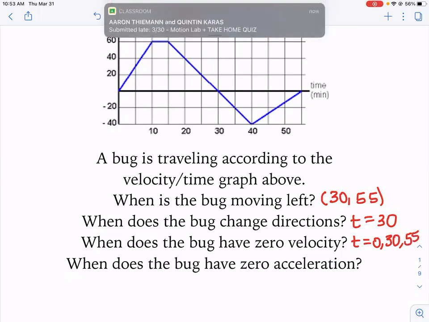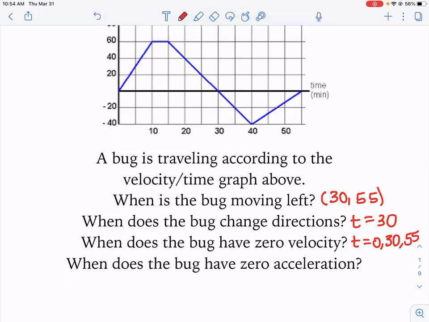Okay, and we know that because why, Connor? Okay, well, so we're at the t-axis on our graph, right? Okay, I mean, that one wasn't really as fabulous. When does the bug have zero acceleration, Dylan?